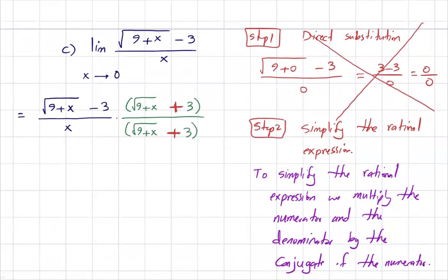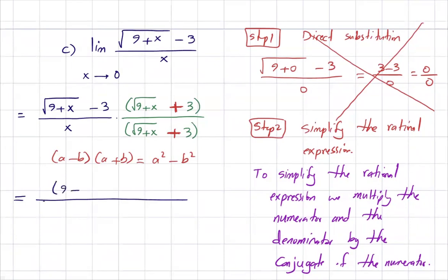And then now you just need to do algebra. Here you have a minus b times a plus b, which becomes a squared minus b squared. So this guy in turn is equal to, on the numerator, square root of 9 plus x to the second power minus 3 to the second, and your denominator stays the same, x times square root of 9 plus x plus 3.